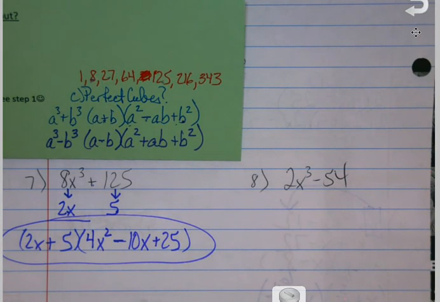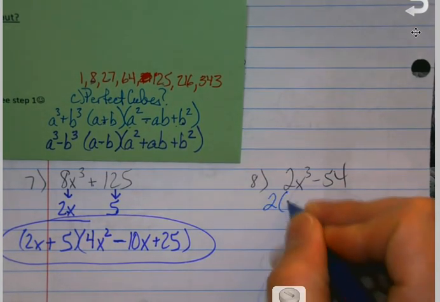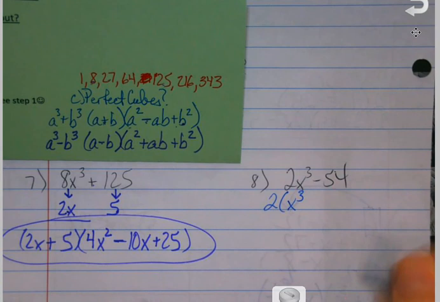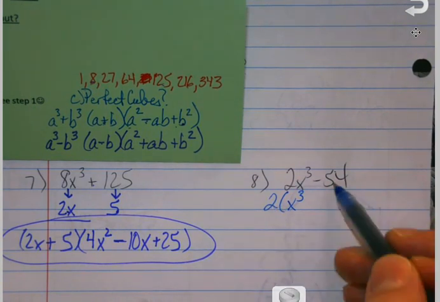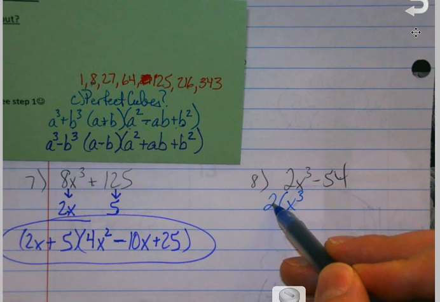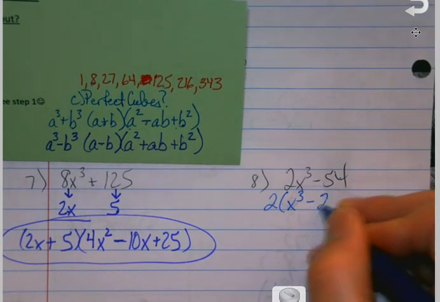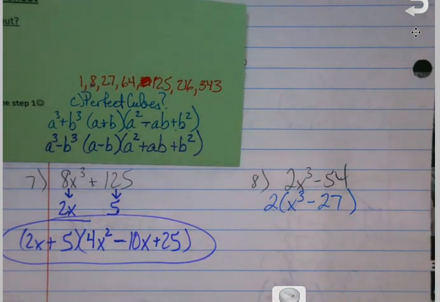Okay. Last one. Anything in common? 2. Okay, so I take the 2 out. And again, if you're not sure 2 times what gets you to 54, you can actually run this backwards. You can say, hey, this number divided by this will tell me the value. And in this case, it tells me it's 27.